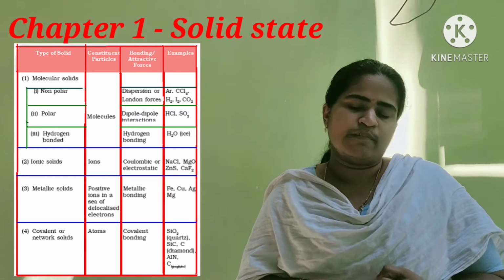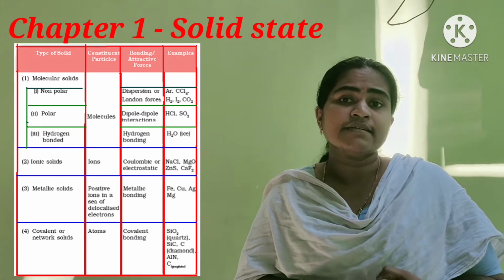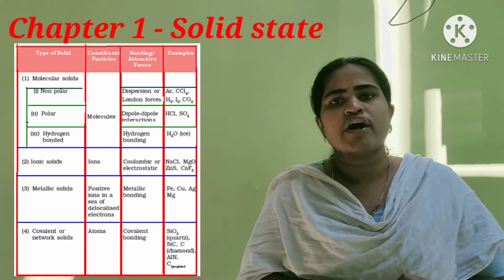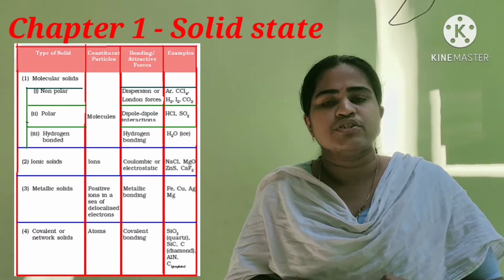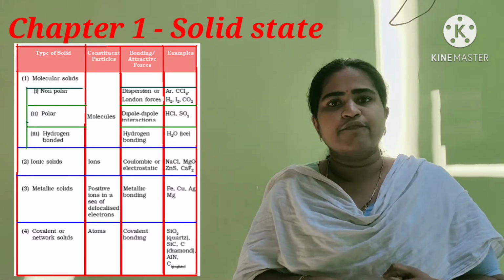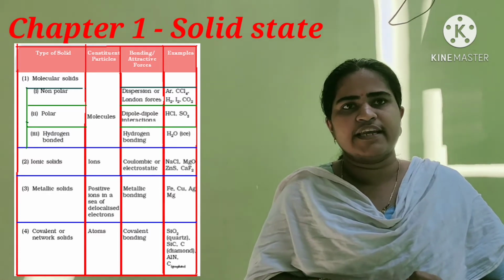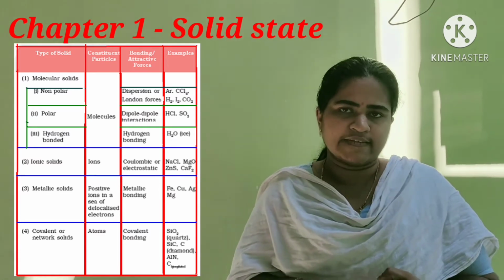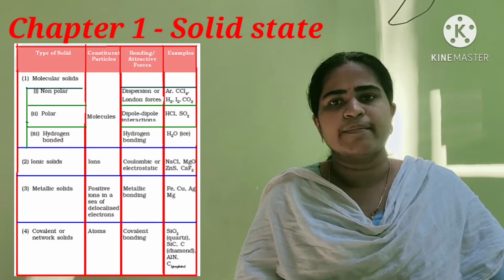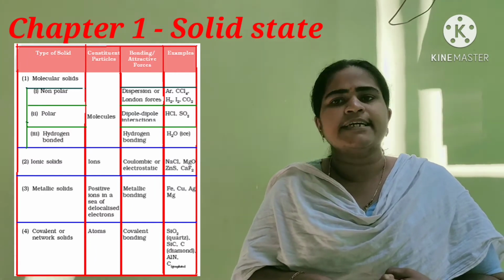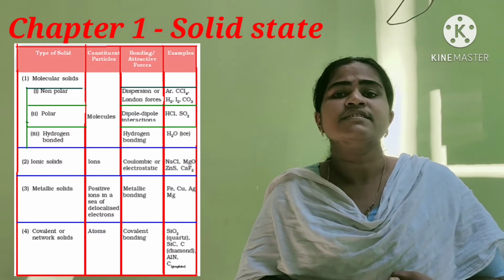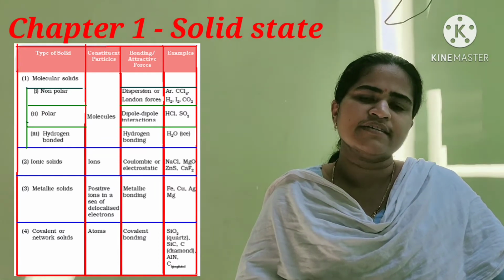The next main category is ionic solids. Here, the constituent particles are cations and anions, and the force of attraction is electrostatic force of attraction. Example, potassium nitrate, sodium chloride, etc. The third type is covalent solids or network solids.